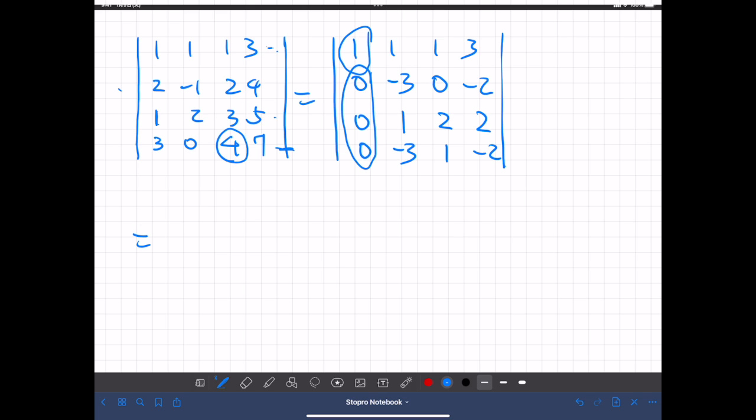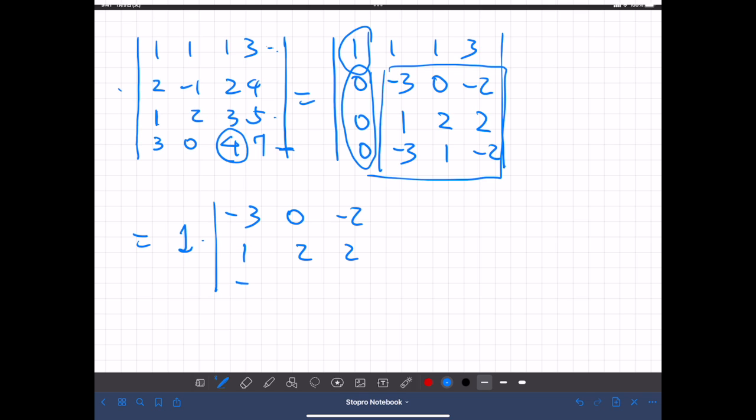So I just skip the details. We get 1 times this matrix. As I have explained before, everything else would be 0, so we can just ignore them. Negative 3, 0, negative 2, 1, 2, 2, and 3, 1, negative 2.